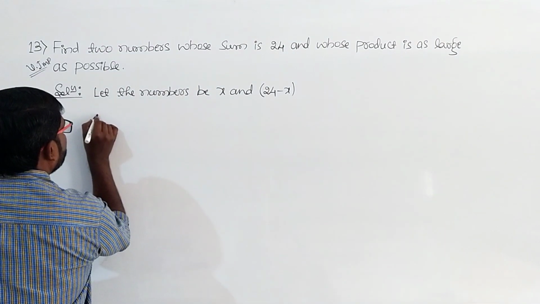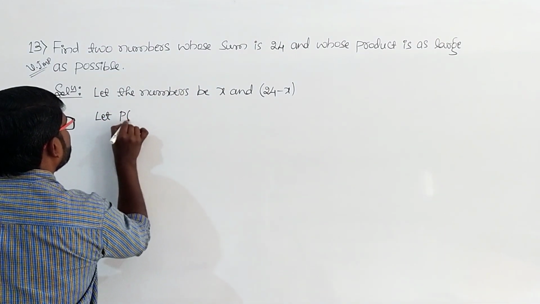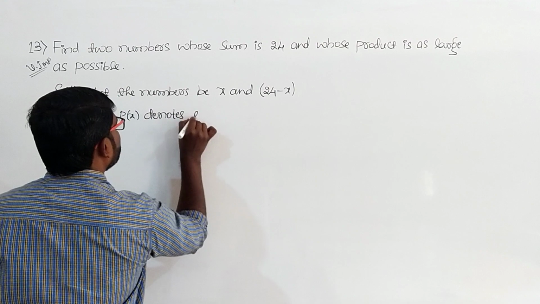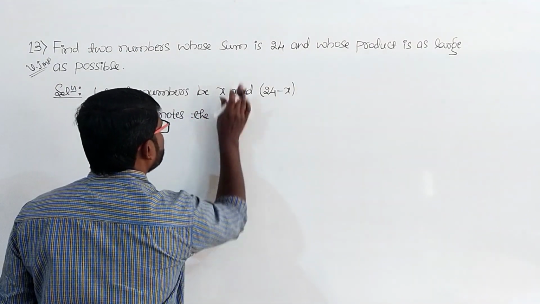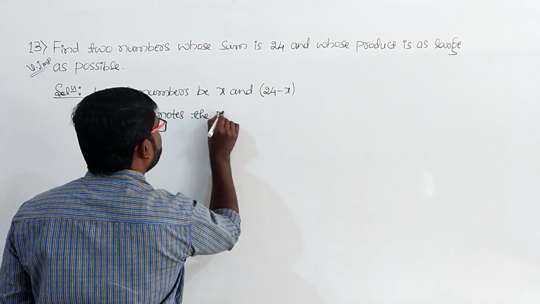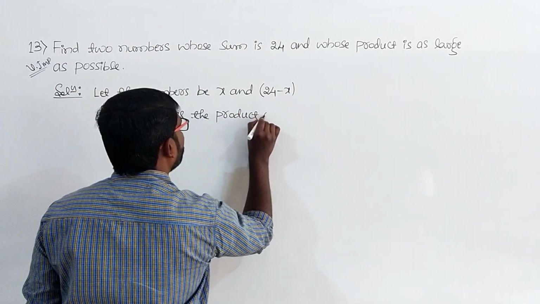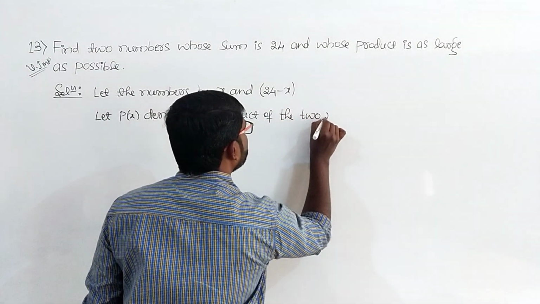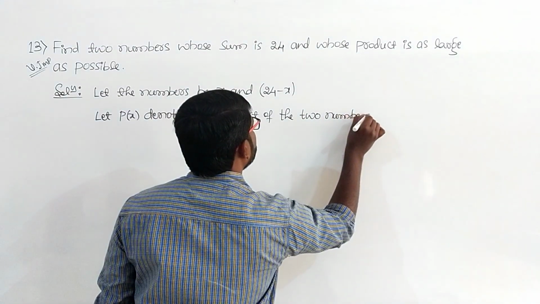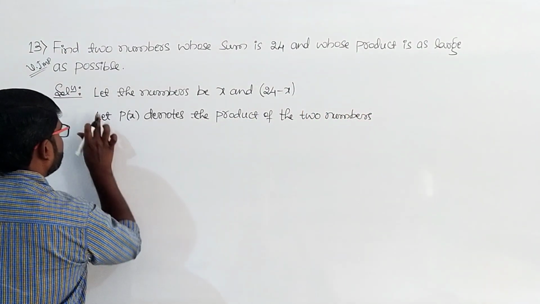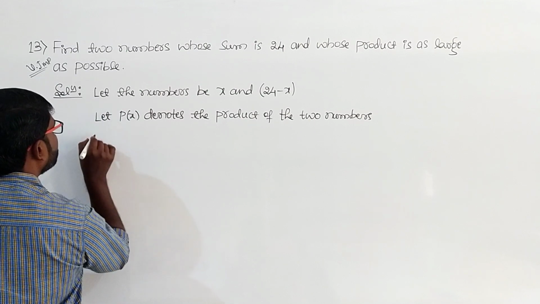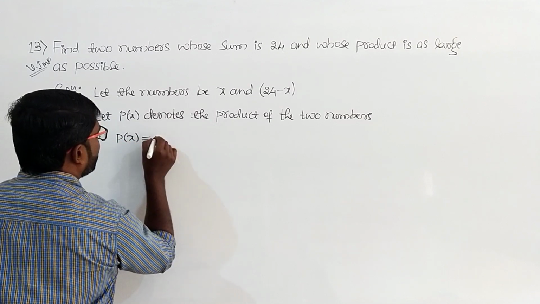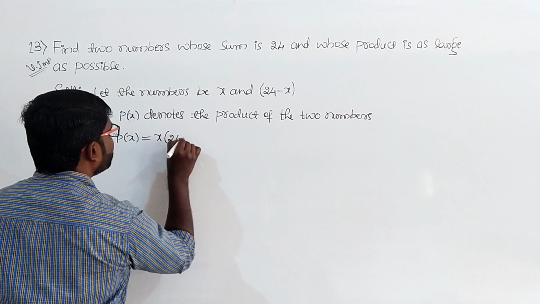So here let P of x denote the product of the two numbers, that is P of x equals x into 24 minus x.